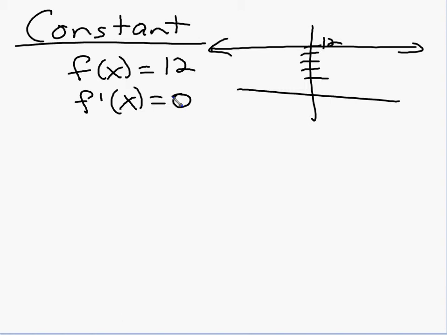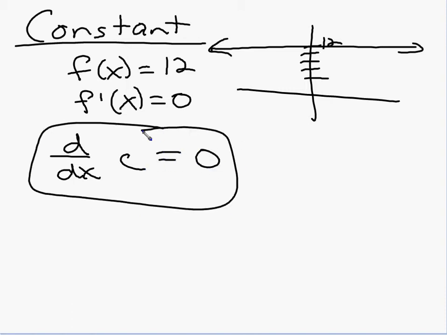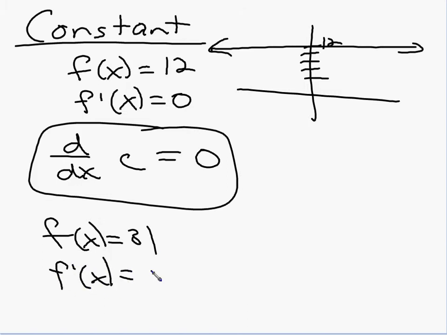So here's how we're going to write these rules. d dx of c, the derivative of a constant c, is equal to 0. There's my first rule. The derivative of any constant is 0, automatically, because the slope of the tangent line is going to be 0. If f of x equals 31, then f prime of x is 0. Boom, automatically.